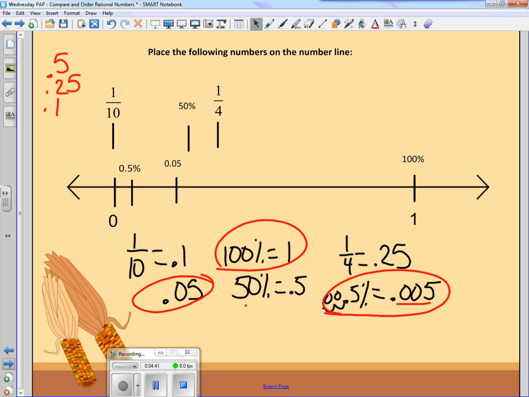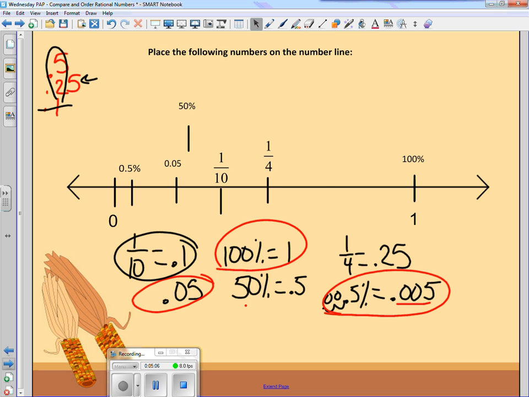So I'm going to move my 10th. And then I've got my 10th done. Now I've got my 5/10ths and 25/100ths. The 2 is smaller than that 5 right here. So a fourth is next, and then I have 50%.